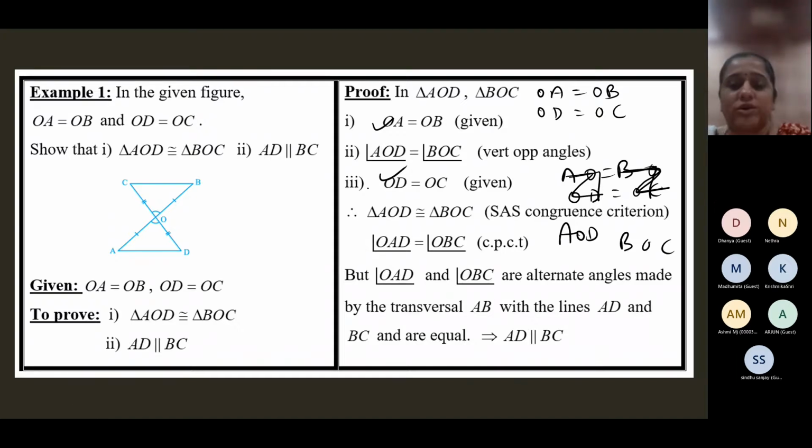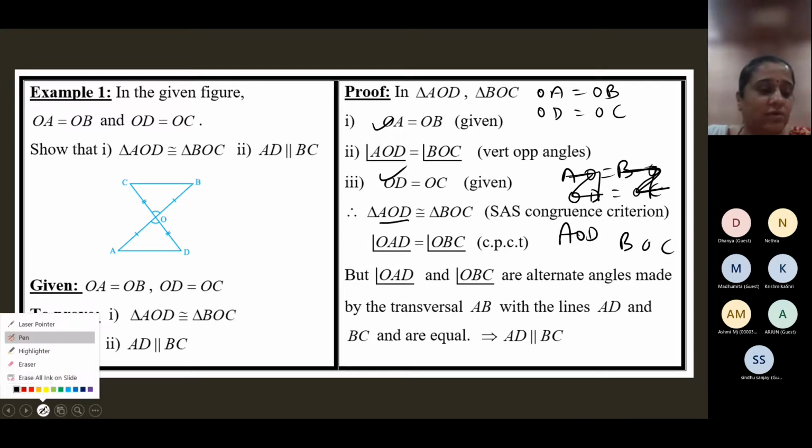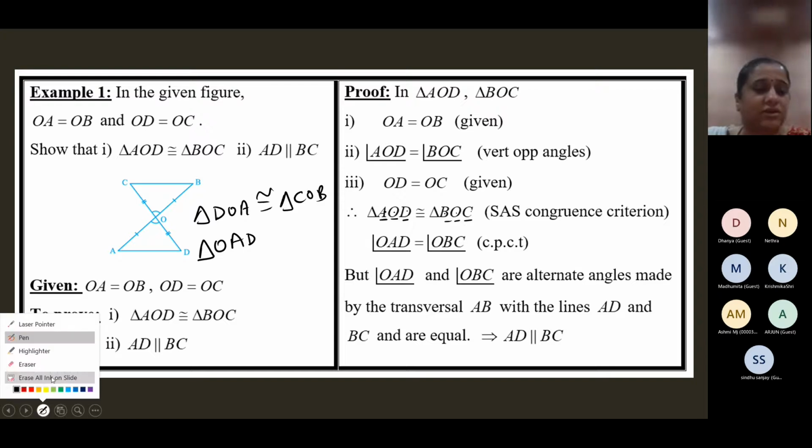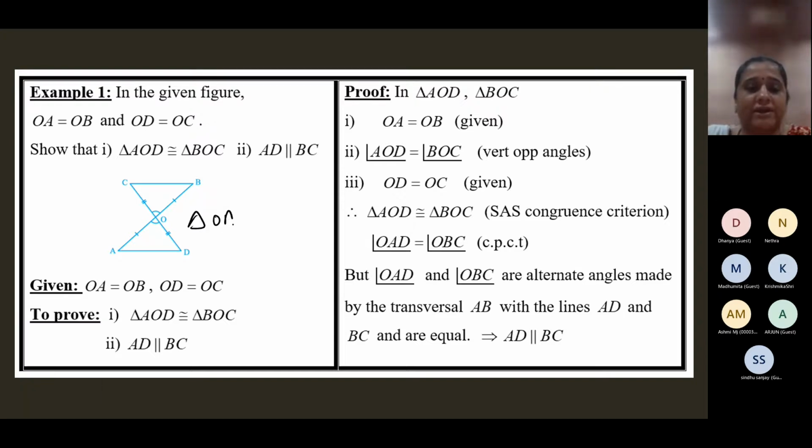You can call it in different ways. You can even say DOA. If I say triangle DOA is congruent to triangle, if I say DOA, then I must call the other triangle COB. Now tell me, if I write triangle OAD, is congruent to what triangle?